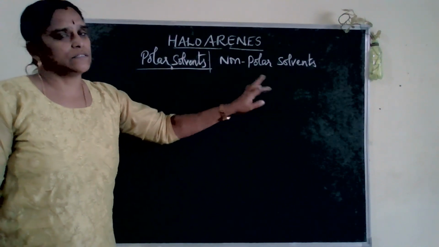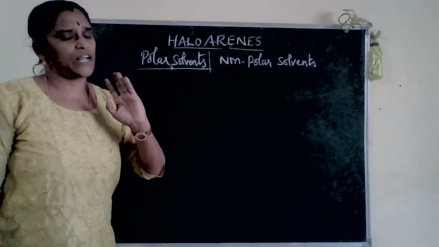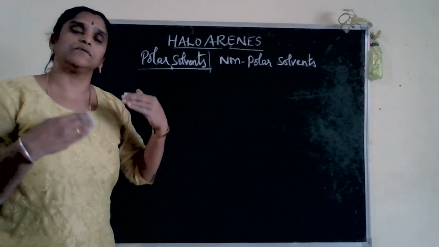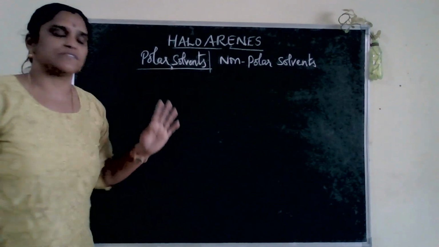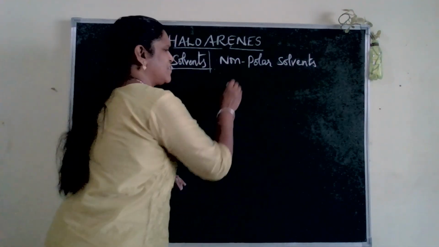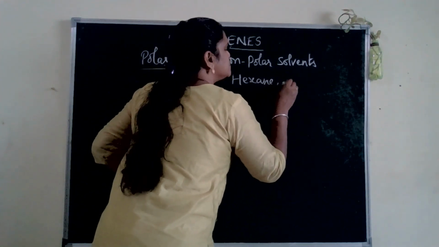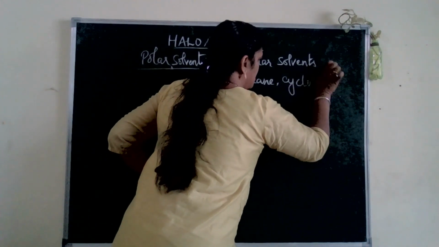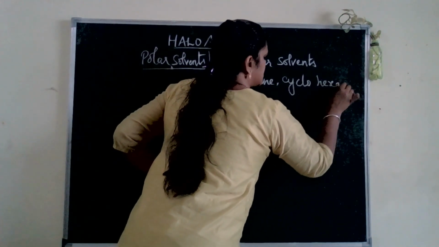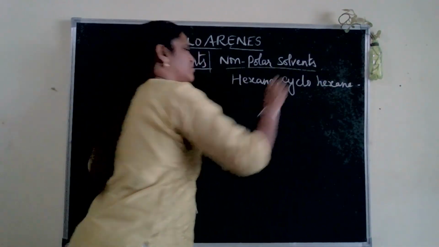Non-polar solvents are just the opposite: similar kinds of atoms in the bond, like carbon and hydrogen. We can easily identify them, for example hexane, and cyclohexane also. You can provide these as examples for non-polar solvents.